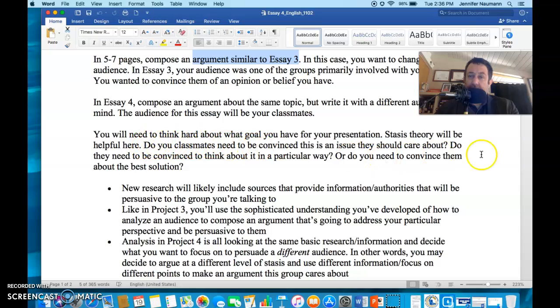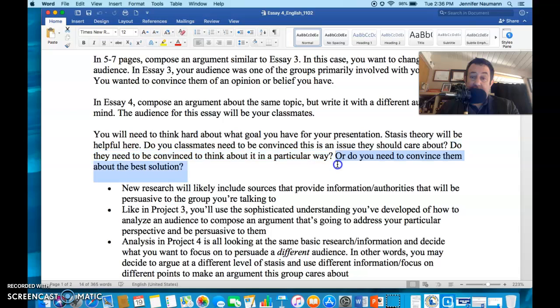A lot of this stuff I talk about in the argument lecture, where we talk about what does your audience need? What does your audience want? Do your classmates need to be convinced that this is a worthwhile or serious issue? Do they need to be convinced to think about it in a particular way?